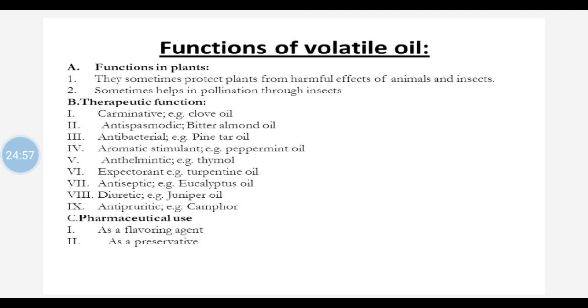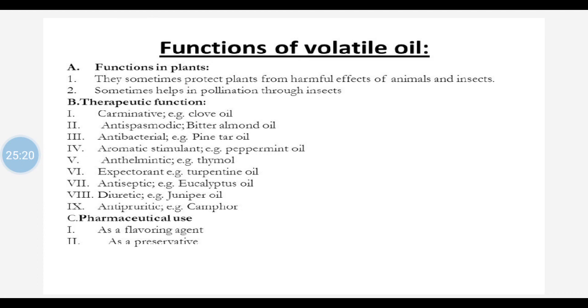Then the other importance is therapeutic function. So as we have discussed in the previous slide, they have medicinal uses also, like they can be used as a carminative. Most of the carminative drugs we have seen have an antispasmodic effect also, isn't it?